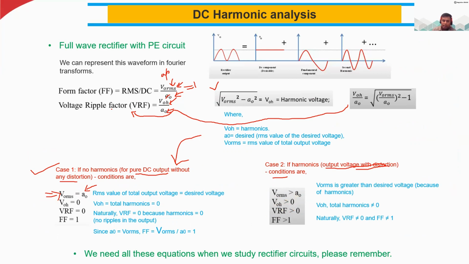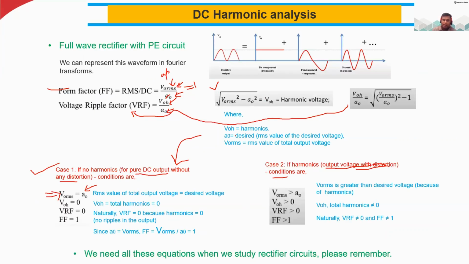So definitely this VRF is greater than 0. It's not equal to 0 like this case. And FF, the form factor, is also greater than 1. What is the formula for form factor? Here is the form factor. VORMS, total voltage, divided by A naught, that is definitely not equal to 1. It's greater than 1.